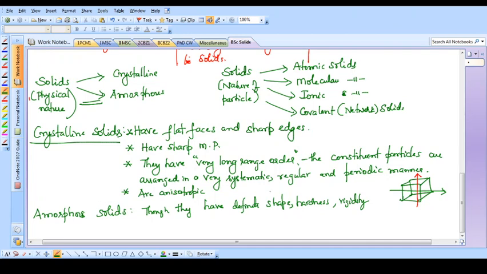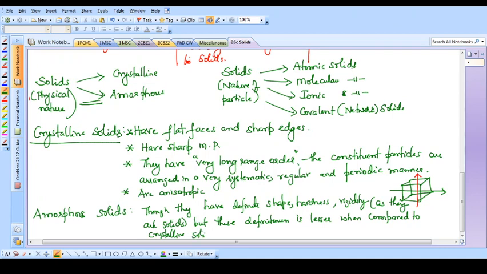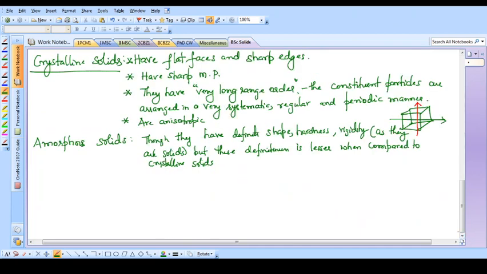Though they have all these properties, the extent to which they exhibit this definite shape, hardness and rigidity is less when compared to crystalline solids.